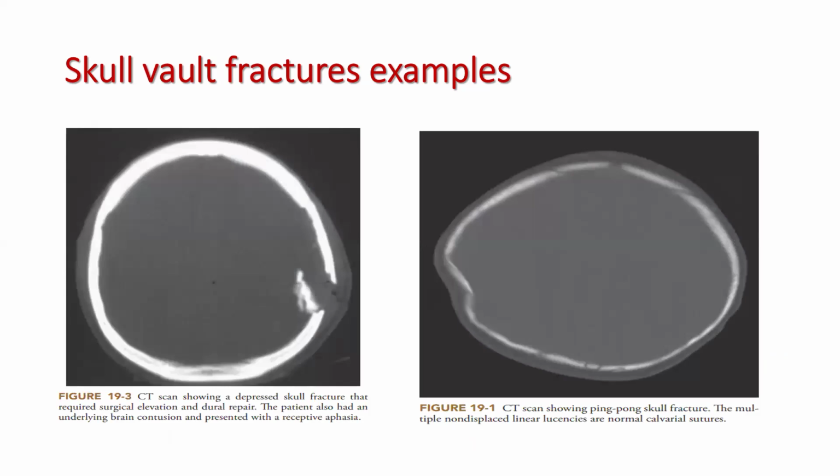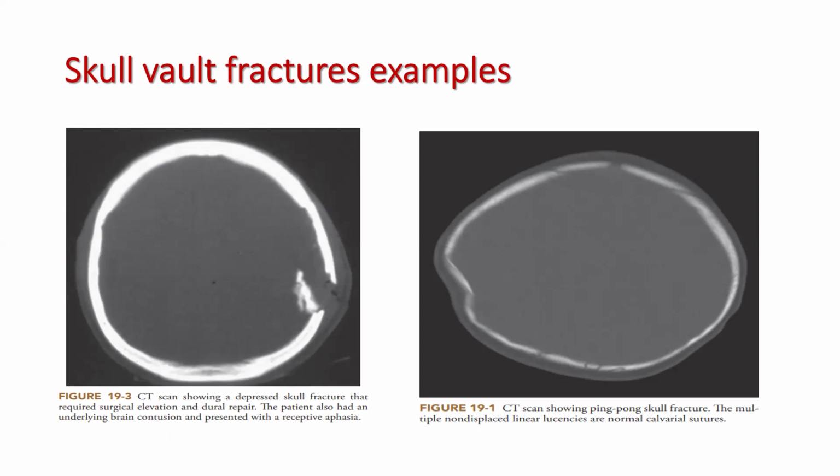Still we have more examples of skull vault fractures. This actual view of the CT shows a depressed skull fracture that required surgical elevation and dura repair. The patient also had an underlying brain contusion and presented with receptive aphasia.